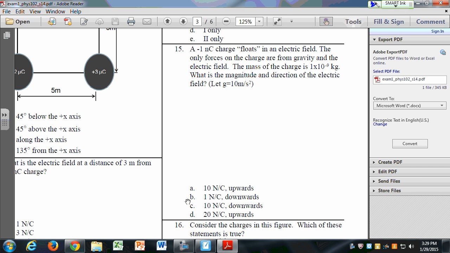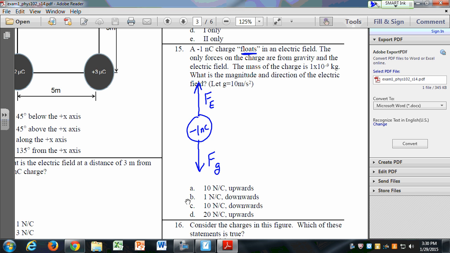So if I have this charge, I know that I have the gravitational force, which is down, and if it's floating, that means it's just stationary there, then that means that the electric force has to be up. So the gravitational force is down and the electric force is up. So first, and this is a negative charge, -1 nanocoulomb charge.